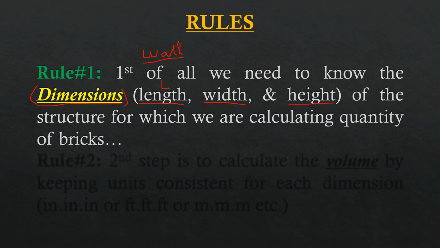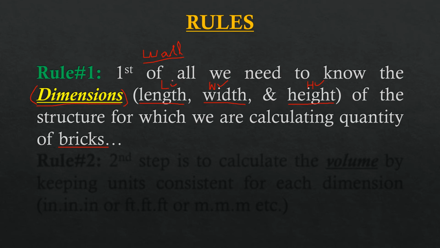What is the length L, what is the width W, and what is the height H of the structure. If you know these three values for any given wall or structure, then you can calculate the number of bricks easily.